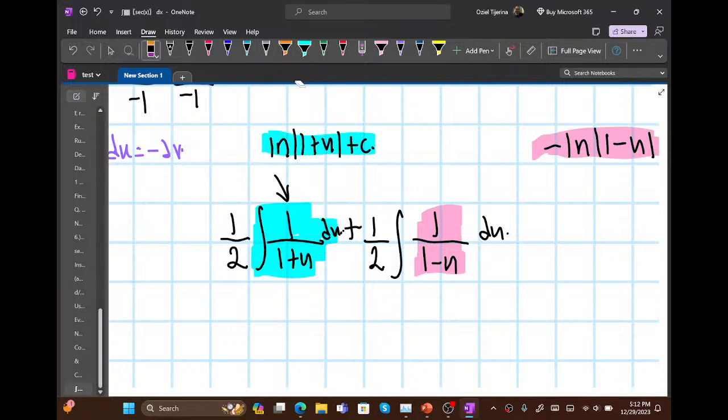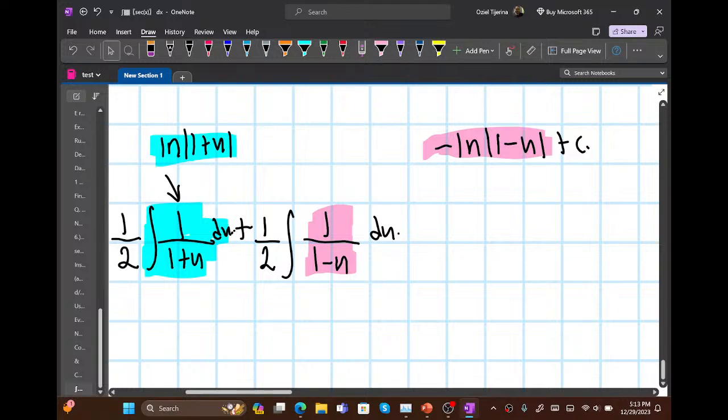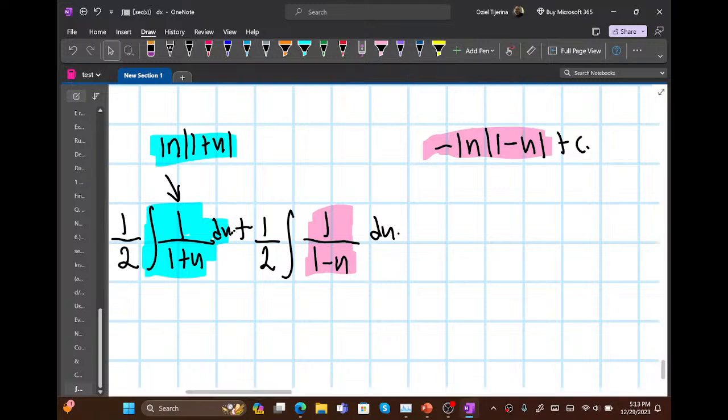I wouldn't put a plus c yet, just put it like this, because at the very end we're going to put a plus c. I don't want people to think I'm adding the constant of integration twice. I'm really OCD with how I show my math, guys.